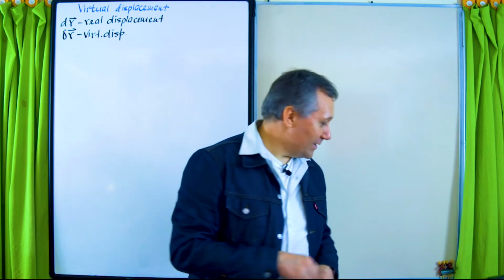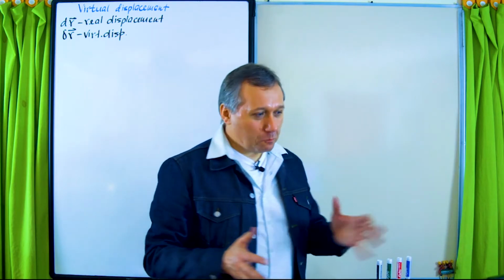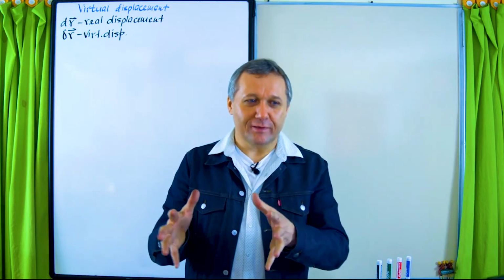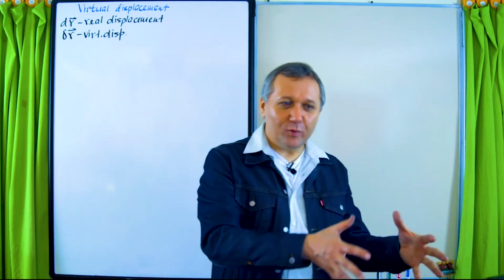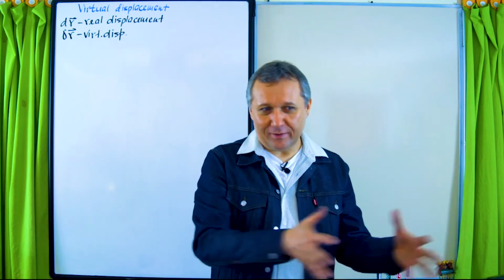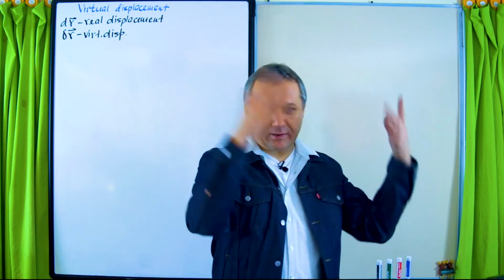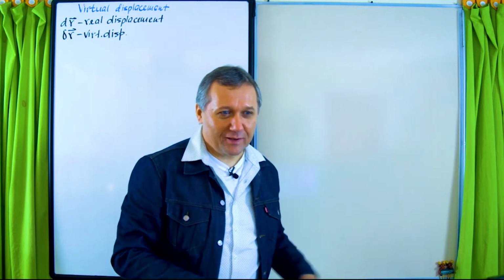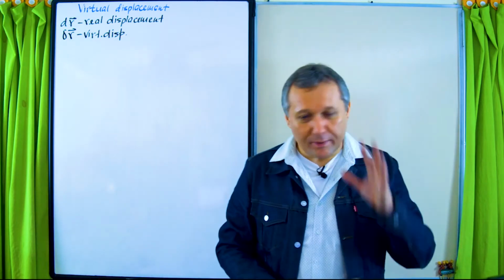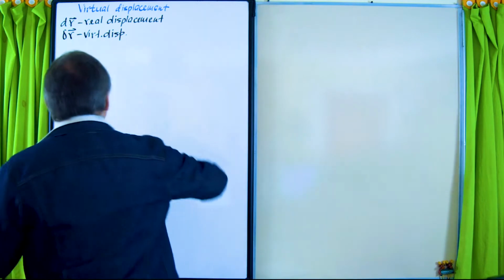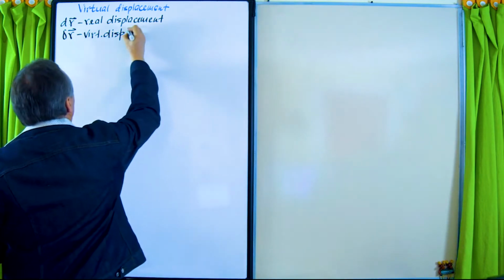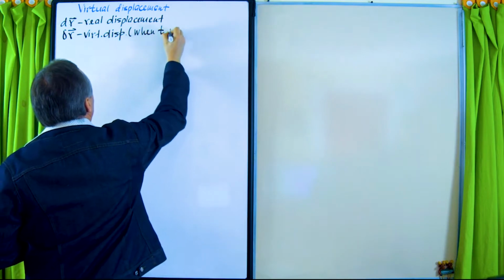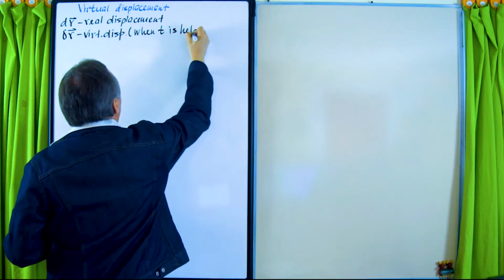So basically, in simple words, it's like if you take a system, pour on it liquid nitrogen, freeze it, move it, displace it by delta r, and then unfreeze it and let it live, right? Example of virtual displacement. But anyway, okay, probably I should write when time is held constant.